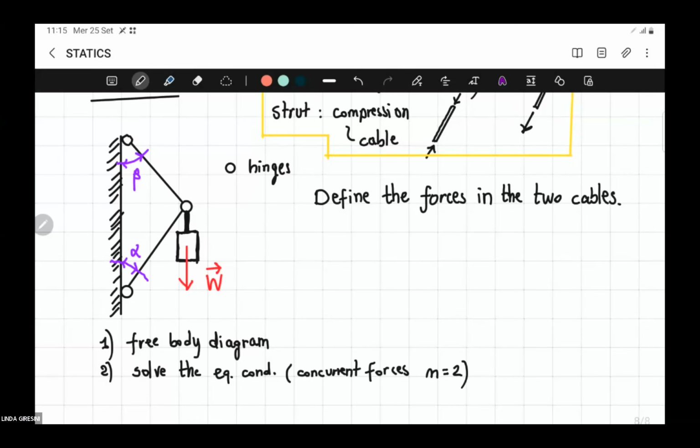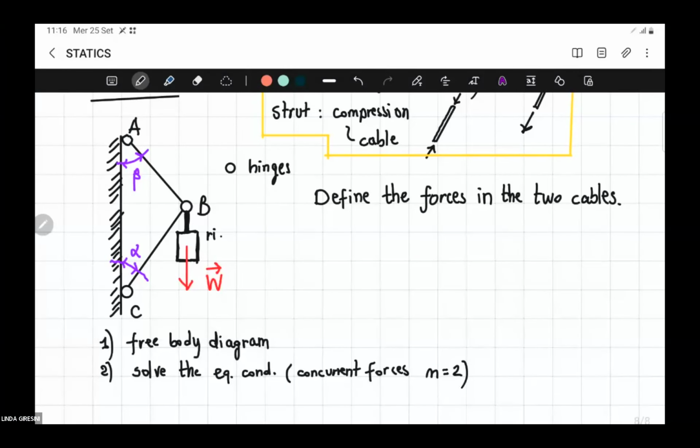The free body diagram in this case can be defined considering that this element, this cube or parallelepiped, is rigidly connected to, if we give a name to the nodes A, B, and C, to the node B. So this element is rigidly connected to B. Since it's a rigid body, that's very important.